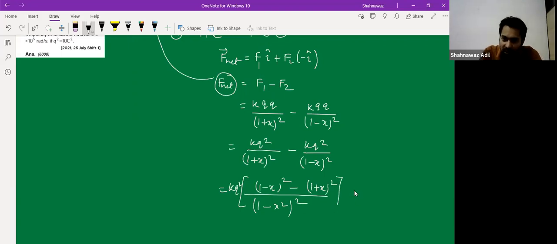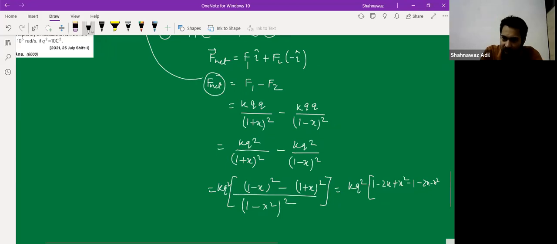Right, guys. So this would be how much? kq squared, and this is 1 minus 2x plus x squared, and this is minus 1 plus minus 2x minus x squared, right? And upon (1 minus x squared) whole squared.